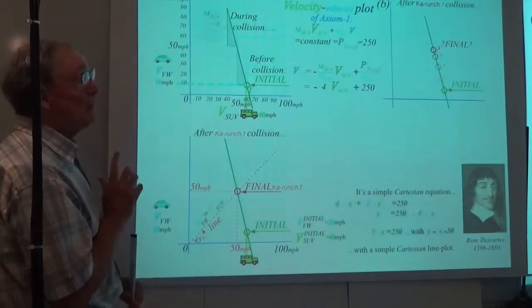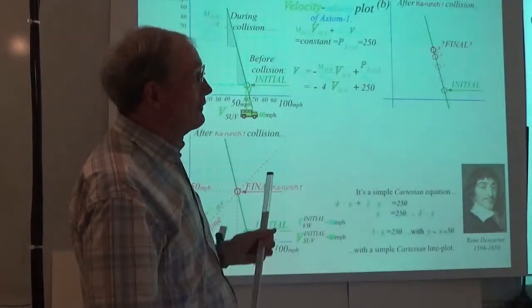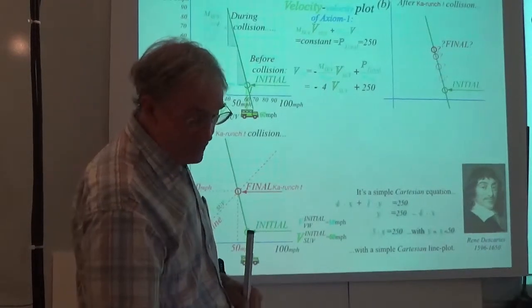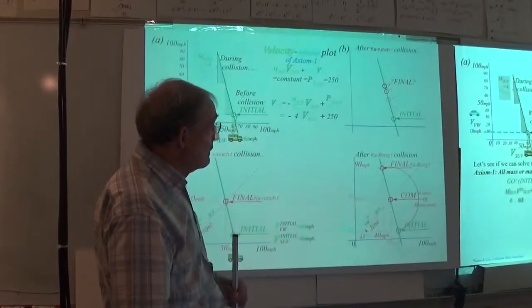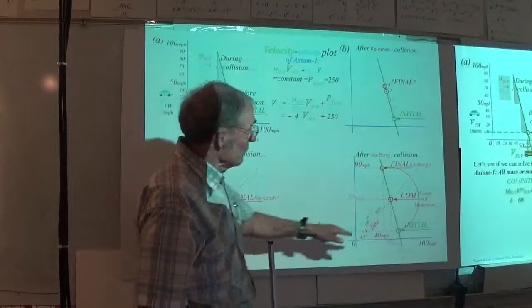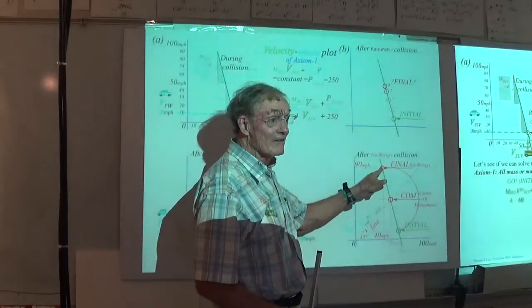But what if they bong off of each other? The kabong, the perfectly elastic collision. What about that one? And what's cool about that one is you get out your compass and draw an arc up to the answer.